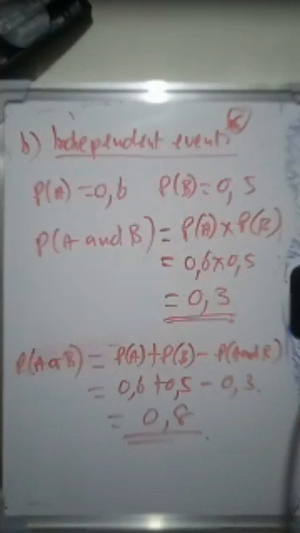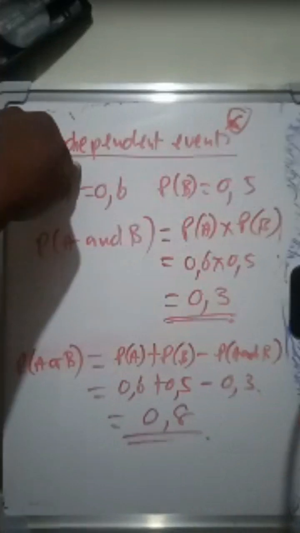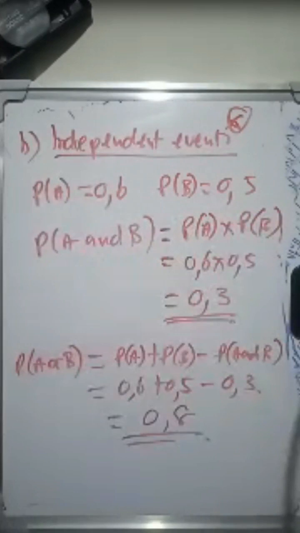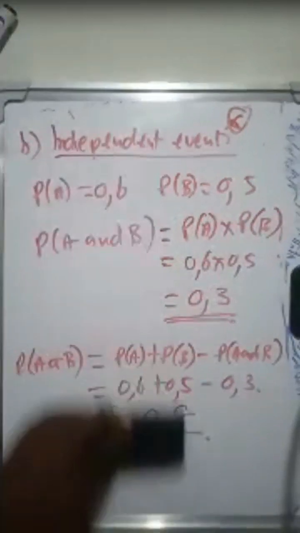Simple. So the keyword, we are told that they are independent. And for independent events, what do we know? Probability of A and B is equal to probability of A times probability of B. Okay? All right. Let's look at one last one there of proving independence.